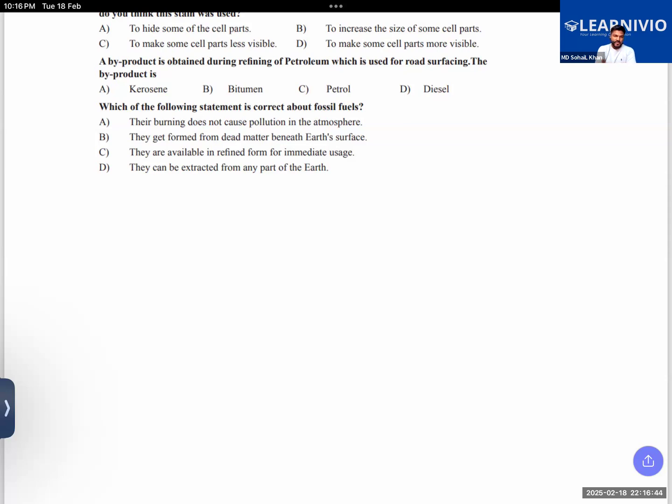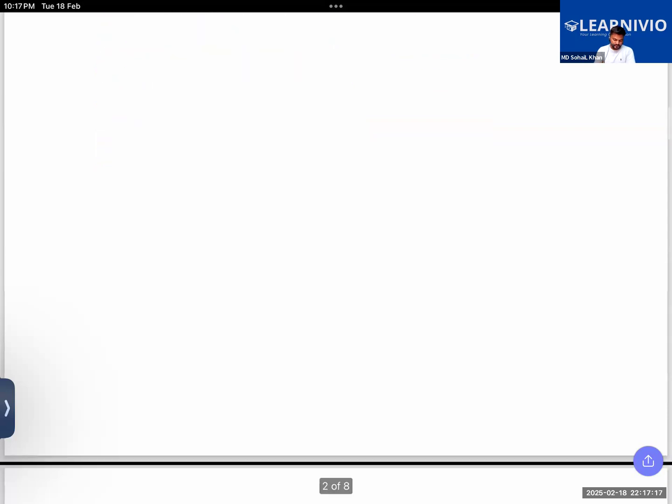So which of the statements is correct about them? Read the options. Ibrahim, read the options. Their burning does not cause pollution in the atmosphere. They get formed from dead matter beneath the Earth's surface. They are available in refined form for immediate use. They can be extracted from any part of the Earth. Yes, so which one is correct? B. Obviously.